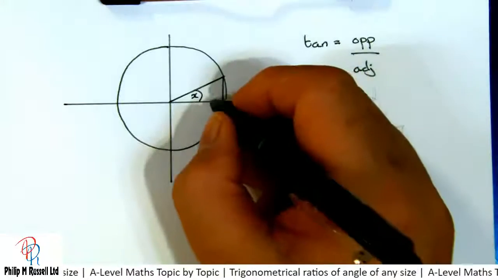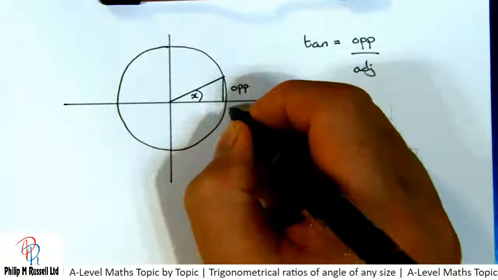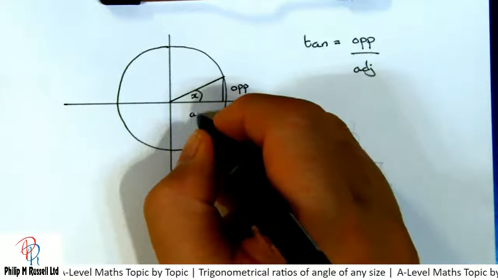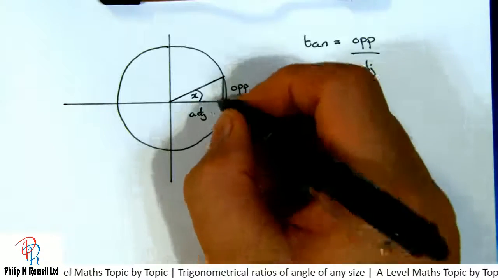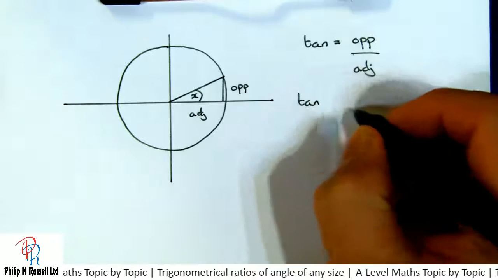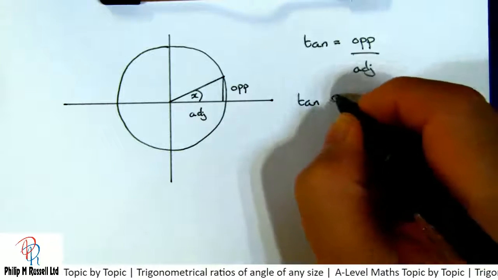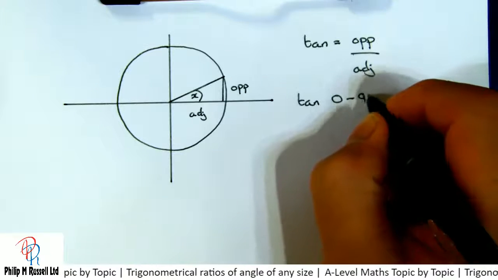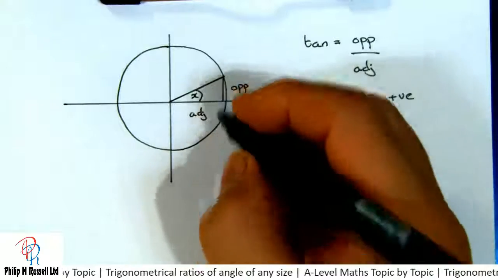So if we look here, we've got my opposite, which is positive, and my adjacent, which is positive. So for a tangent, if we've got a number between 0 and 90 degrees, then it's going to be positive.